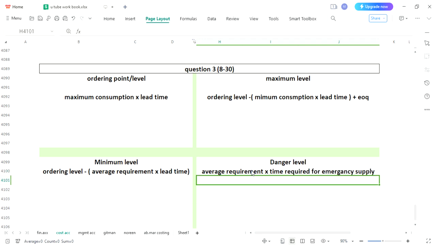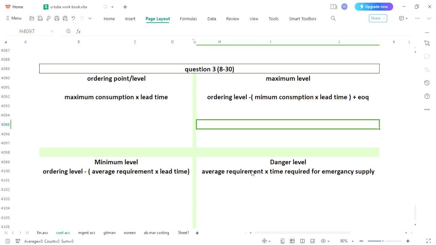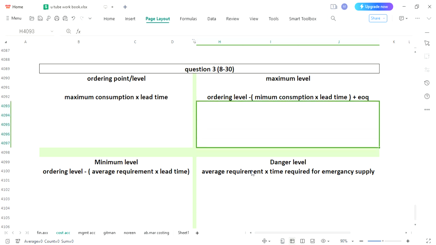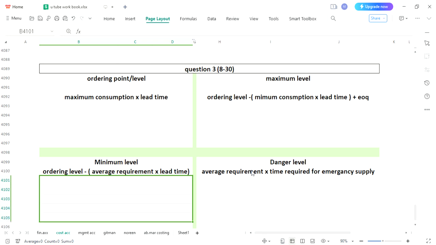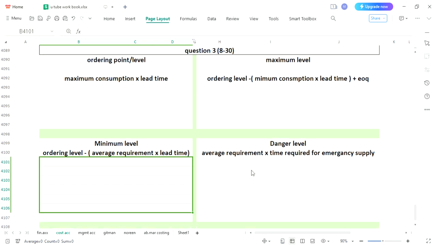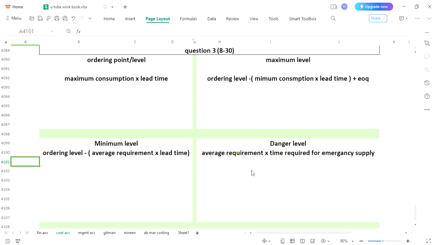So guys, these were the formulas which we have understood, and now we will be solving them according to the question requirement. Sometimes all four factors would be required to calculate, and sometimes we need to calculate fewer. It depends upon the question, and we will follow the requirements given in the question. Kindly keep it in mind.